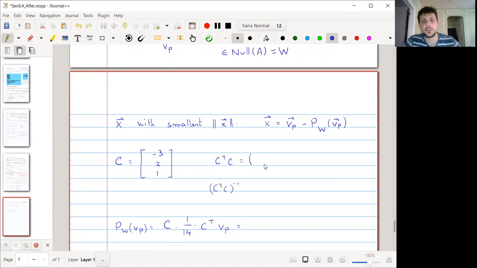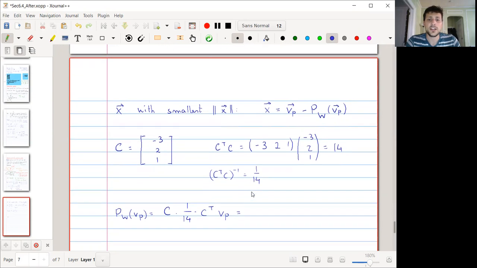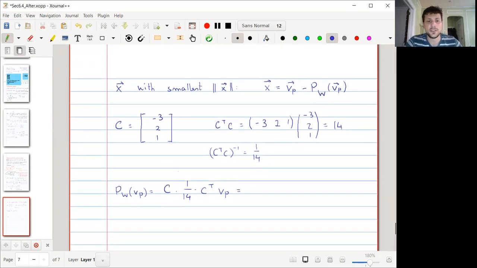Let's start with C transpose C. This is -3, 2, 1 times -3, 2, 1. So when I compute this, I get 9 plus 4 plus 1, it's 14. C transpose C is equal to 14, a 1-by-1 matrix, so it's a scalar. The inverse is nothing but 1 over 14. So by our formula, the projection of the vector Vp onto the null space of A is given by C times (C transpose C) inverse times C transpose Vp.